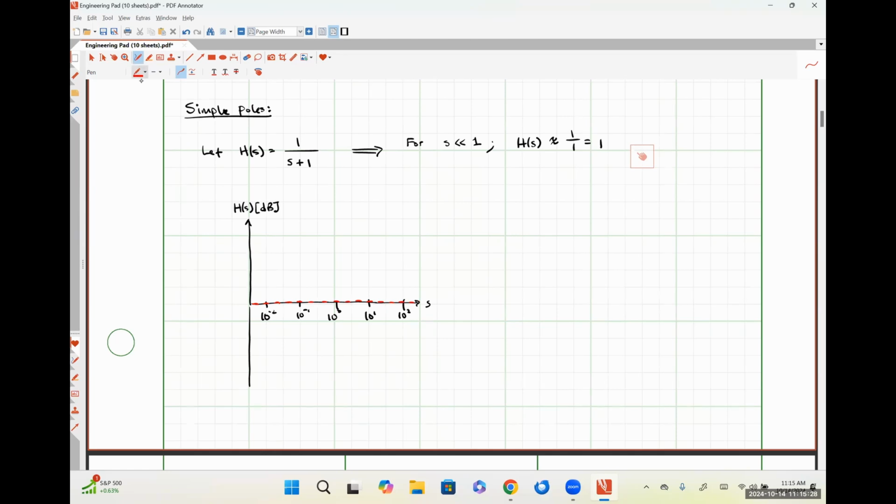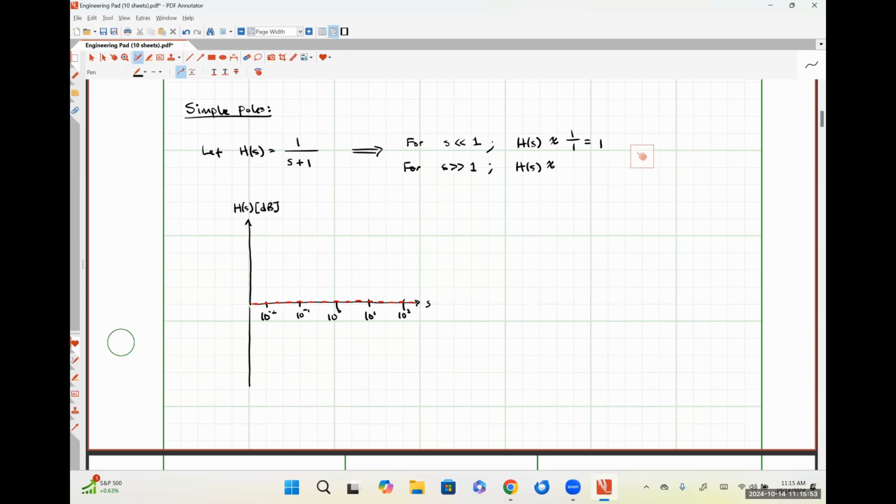Now let's talk about what happens for s much greater than 1. So when s is much greater than 1, then I will have 1 over s plus something small in comparison to s.